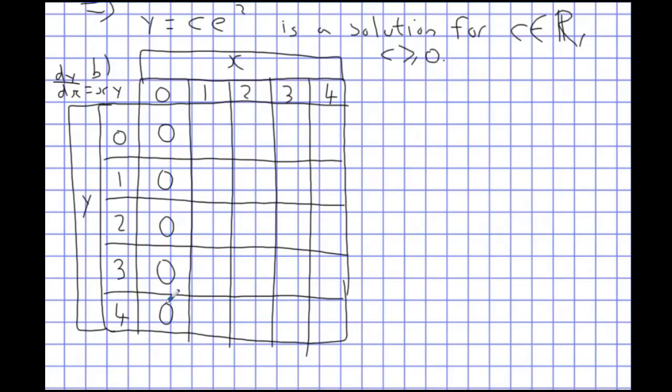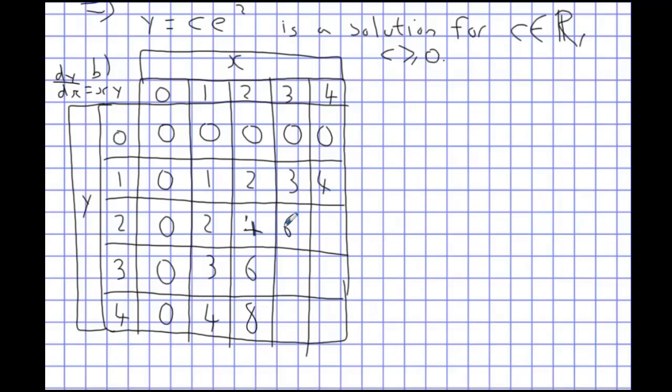You can have exactly the same reasoning for if y is 0, so if y is 0 on this top row, and so everything else, if x is 1, then dy by dx is just going to be y, so it would be 1, 2, 3, and 4. If y is 1, exactly the same, 2, 3, and 4. If x is 2, then we can just double the y's, so 4, 6, and 8.